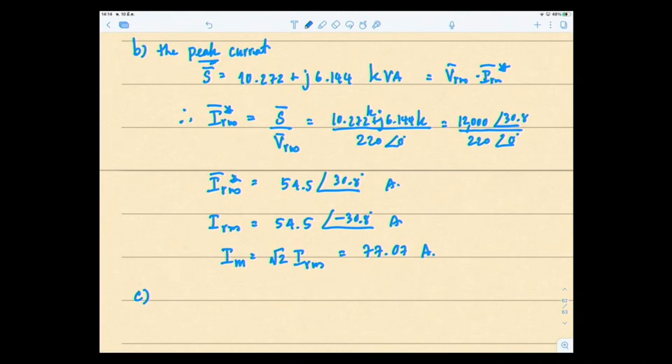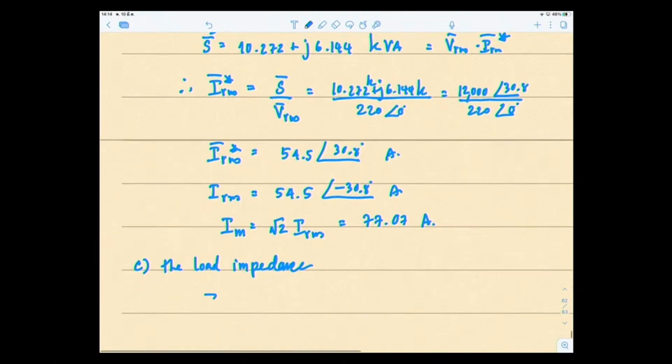Last question. What is the load impedance? So the load impedance is simply equal to VRMS divided by IRMS.